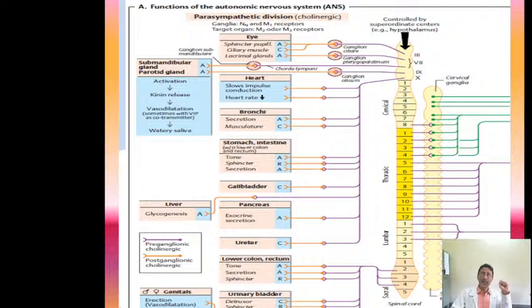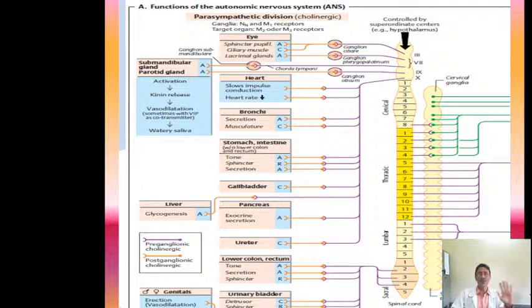There is an increased secretion, there is an increased smooth muscle contraction, and then there is a relaxation of the sphincter which is happening. Let us take the urinary bladder, or let it be the gallbladder, the glandular secretions, the pancreatic secretions, or the secretions of the glands in the stomach or in the large intestine.